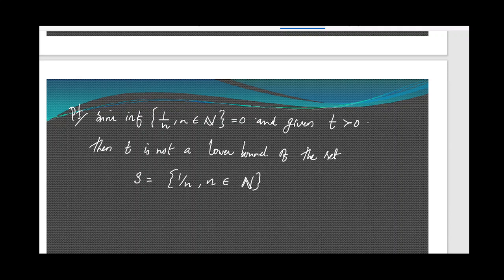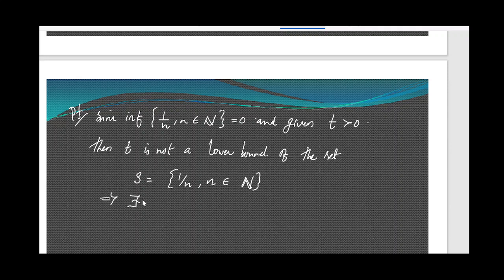Now t is not a lower bound of the set S, which implies, what's the meaning of that? It is not a lower bound means there is an element which is less than t.